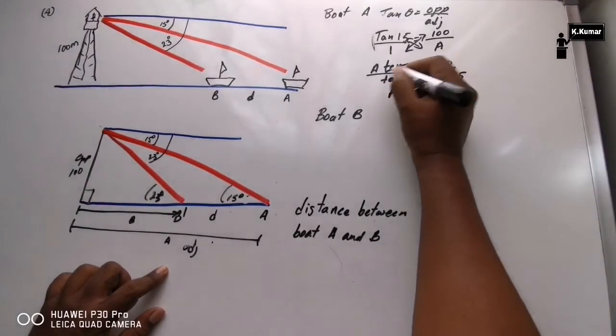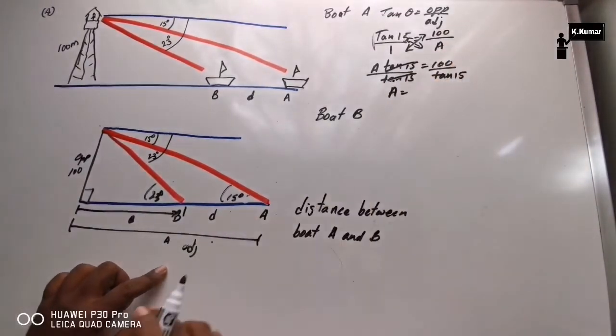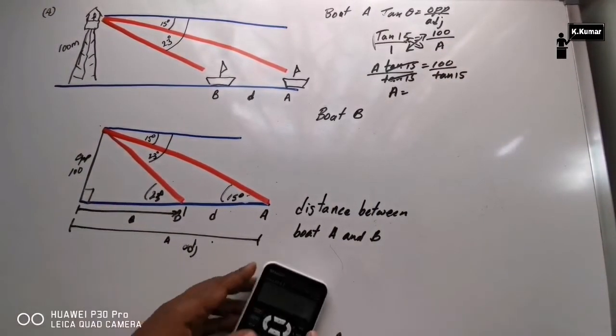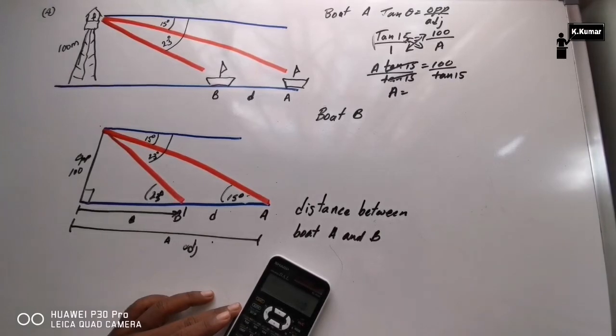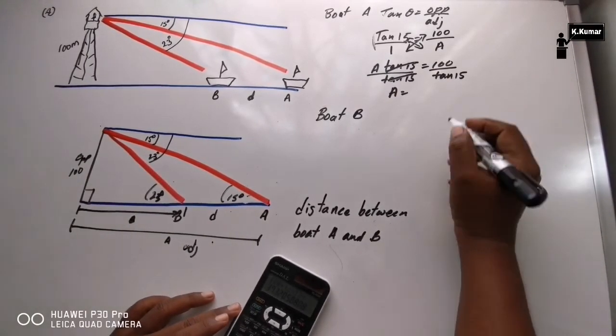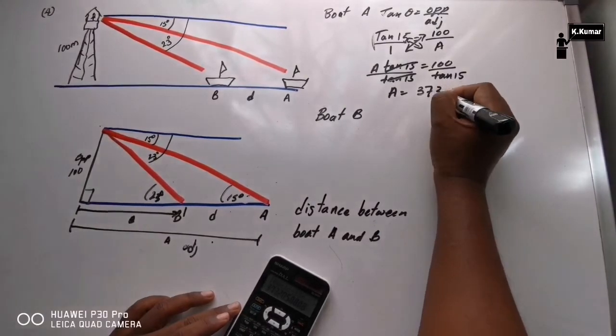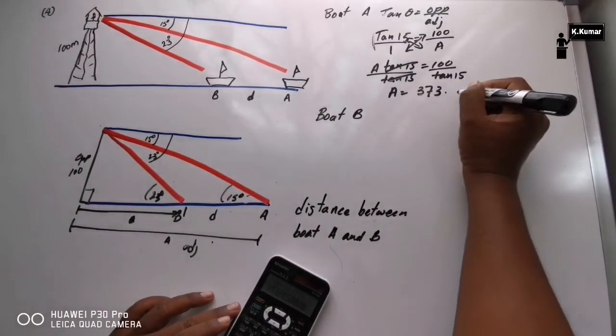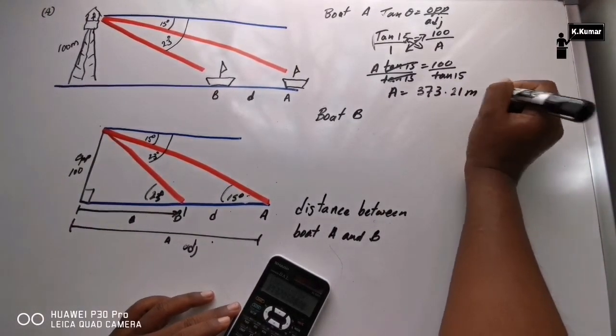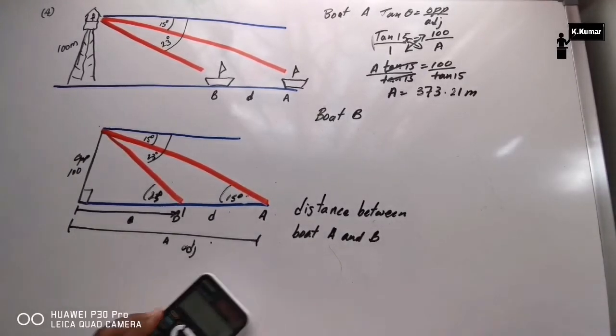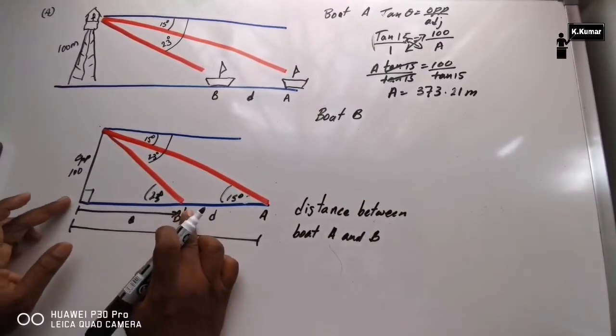So A is equal to 100 divided by tan 15, that's going to give me 373.21 meters.